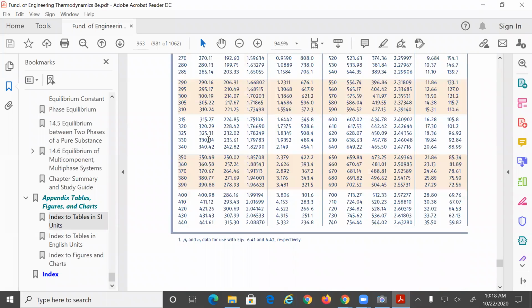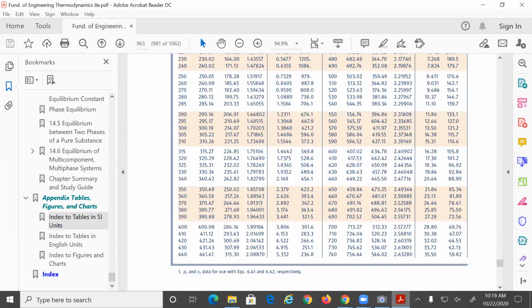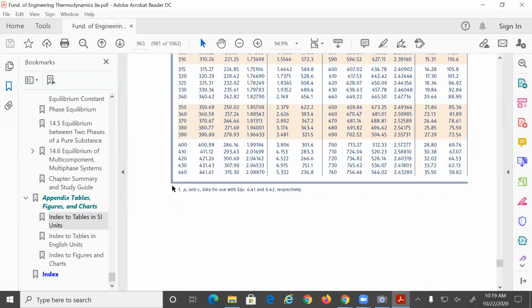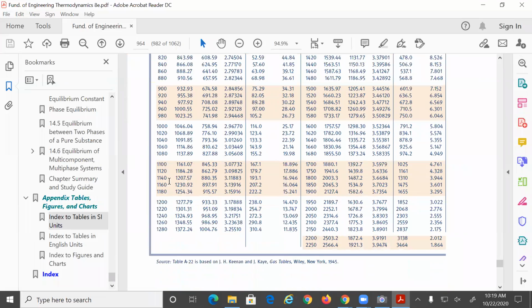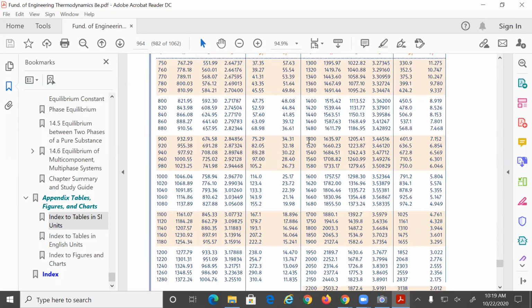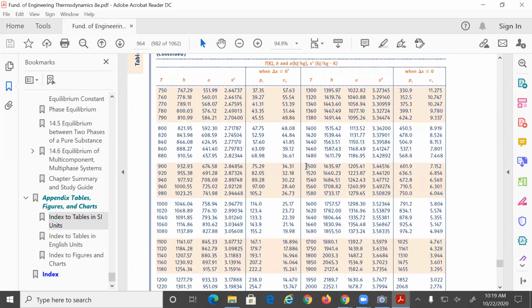Is this temperature in Celsius or Kelvin? Oh, Kelvin, good. That's good then. So we have 1500 Kelvin. I guess it goes here, the 1500. We get a value of H of 1635.97.